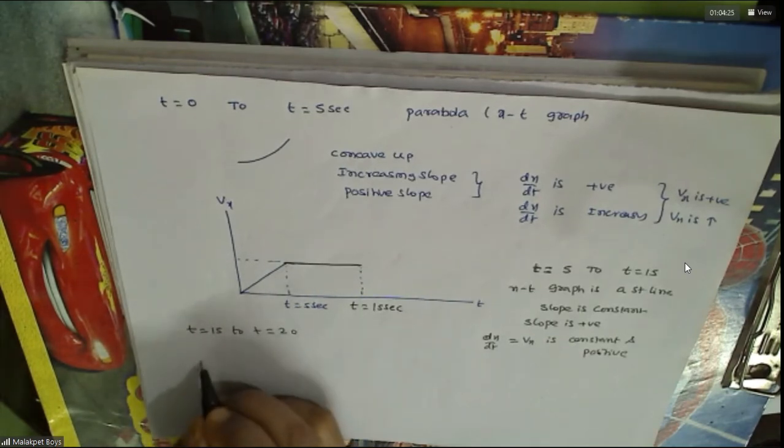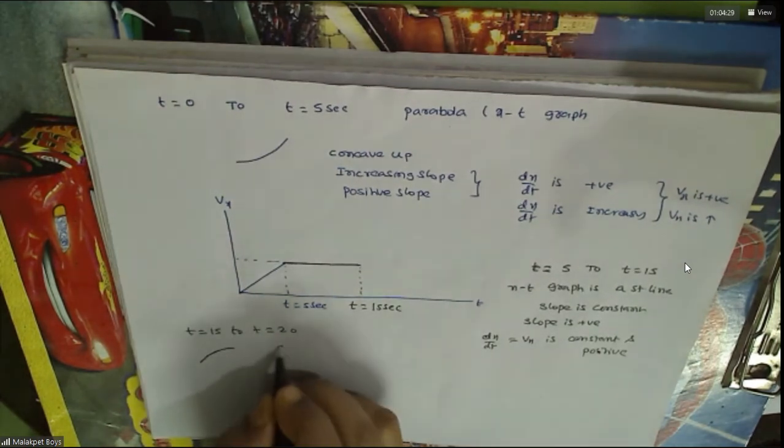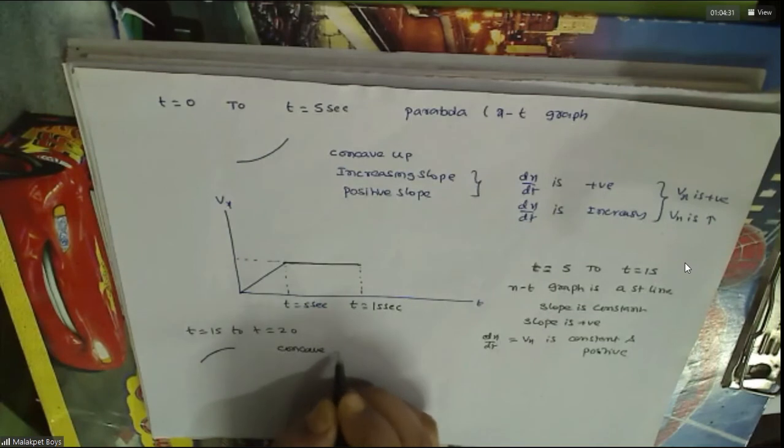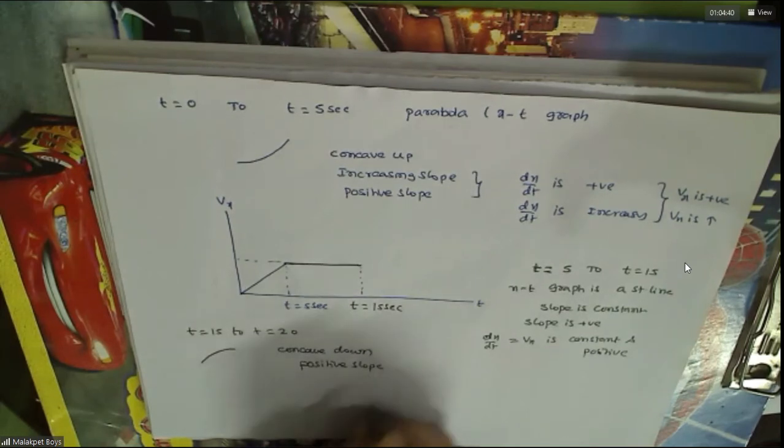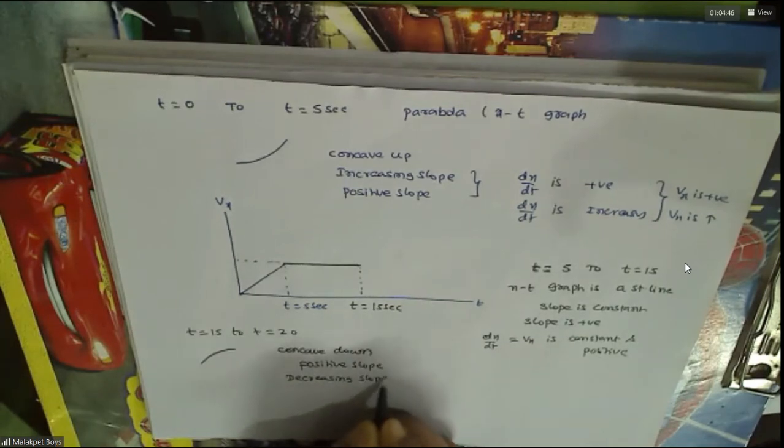Now from t equals 15 to t equals 20, the graph is a part of this. What is this? Concave down. It is positive slope and decreasing slope. Remember the other day we discussed all this?